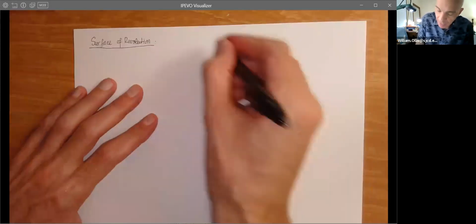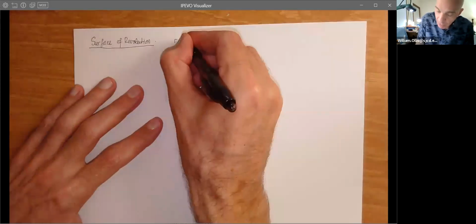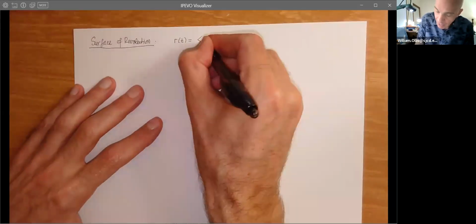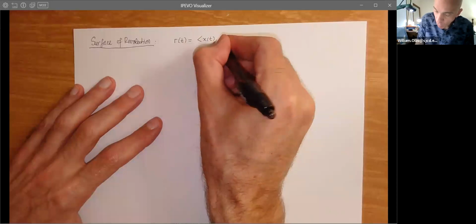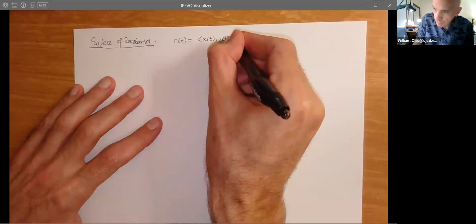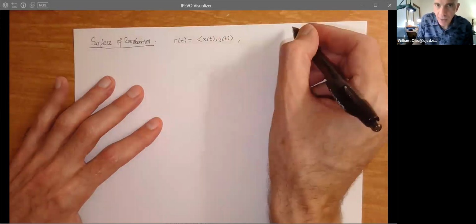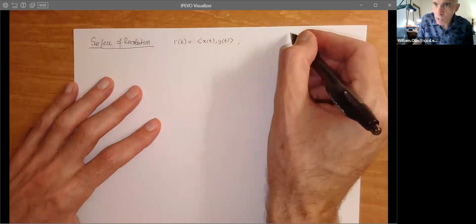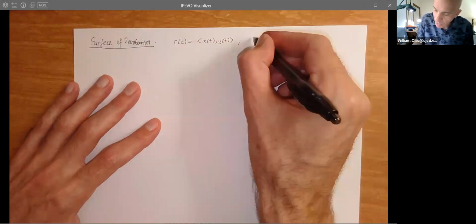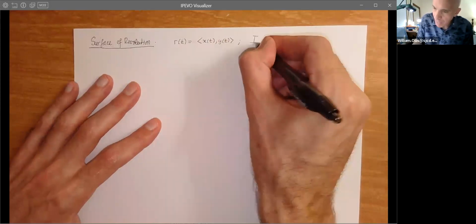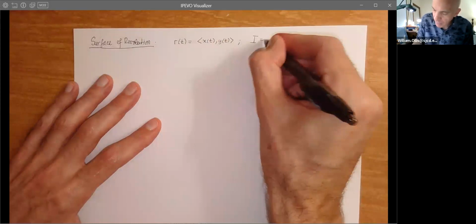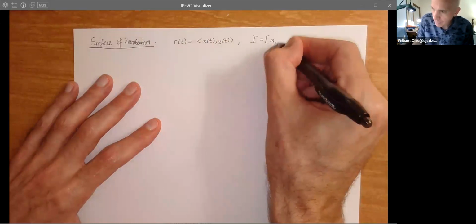So let's do the same thing. We'll say r of t equals x of t, y of t. And if you like, we can think even more simply now. We can just go ahead and use again another alpha beta, whatever, alpha beta.